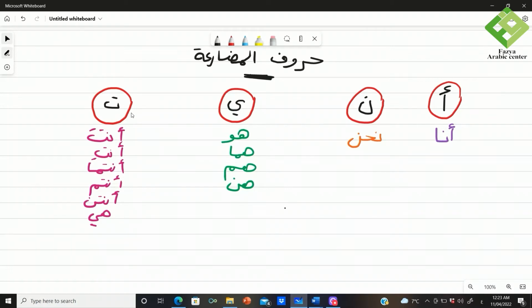So basically, the ta has all the 5 conjugation forms of the second person, that is ضمير المخاطب, along with hiya, that is from the third person, ضمير الغائب, and the ya has all the remaining 4 of the third person, ضمير الغائب, that is huwa, huma, hum, and hunna.